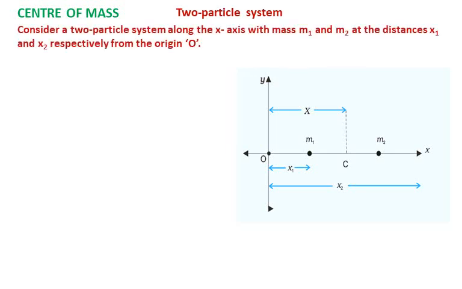Center of mass of a body is a point where the whole mass of the body is supposed to be concentrated for describing its translatory motion. The center of mass of a system of particles is that single point which moves in the same way in which a single particle having the total mass of the system and acted upon by the same external force would move.